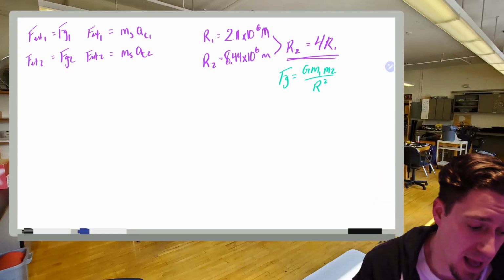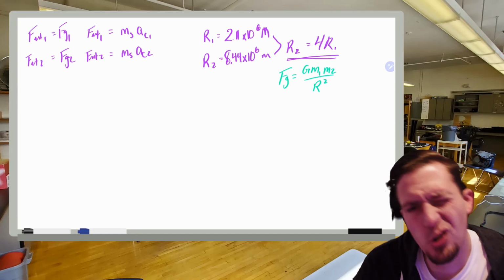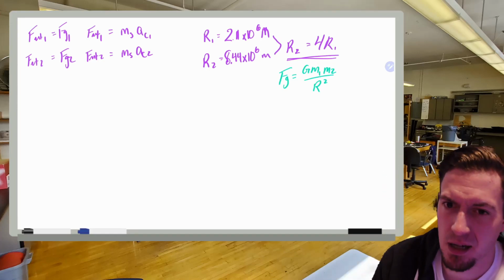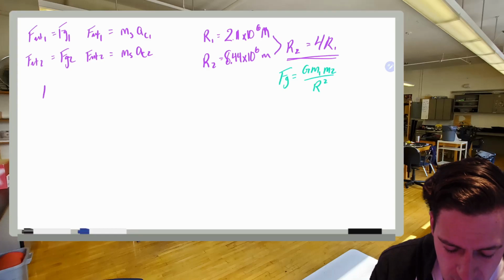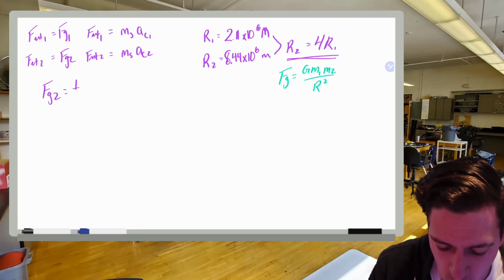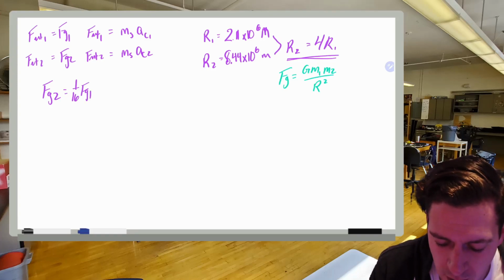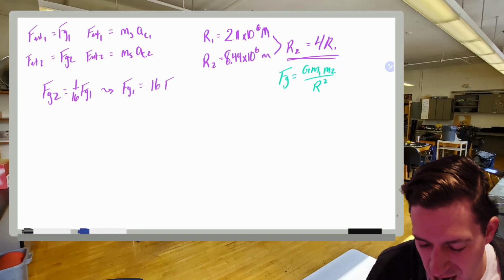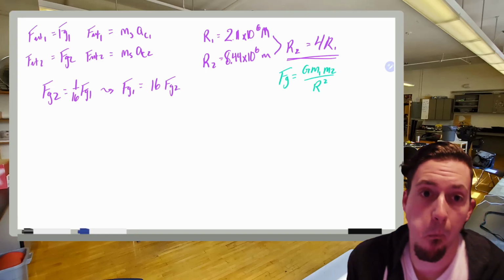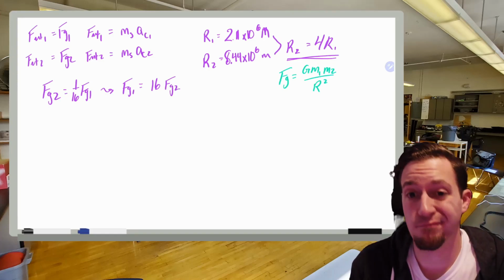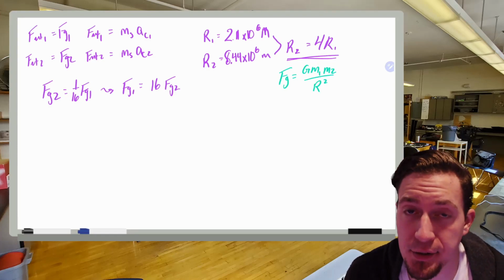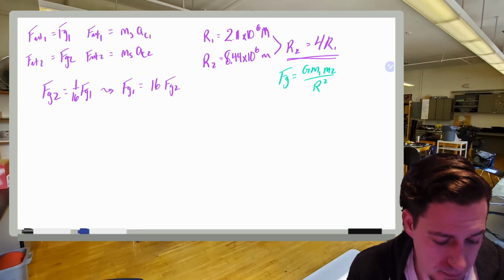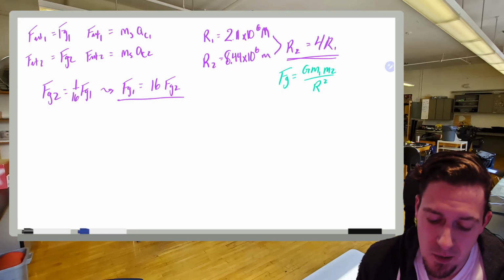So there are 2 ways to write this, a convenient way and a not so convenient way. FG2 is actually 1/16 of FG1, or the other way, which I like a little bit better, FG1 is actually 16 times bigger than FG2. It's a little bit of a trick, recognizing that the distances are like that. But this is the key.